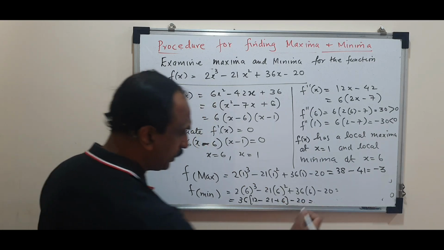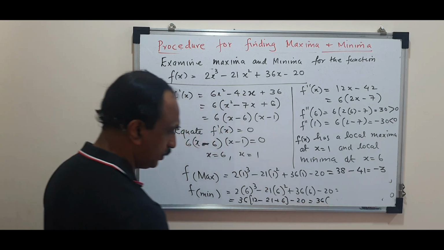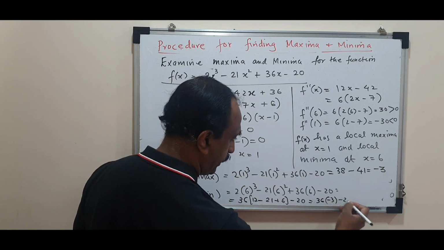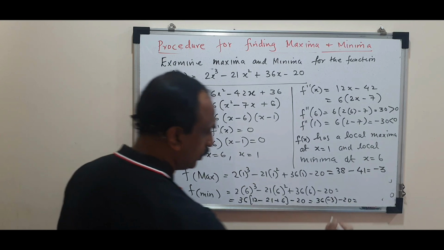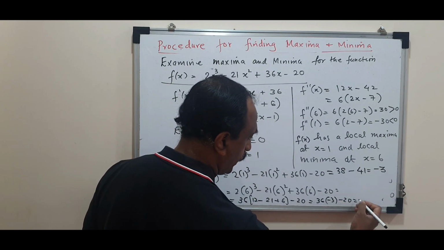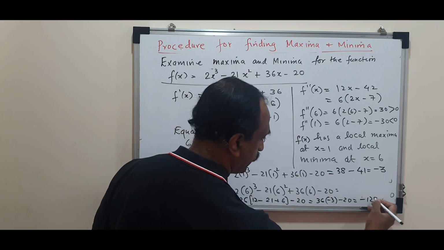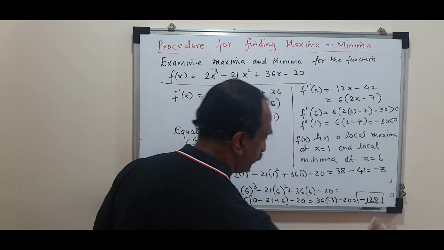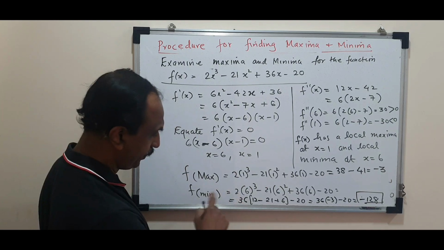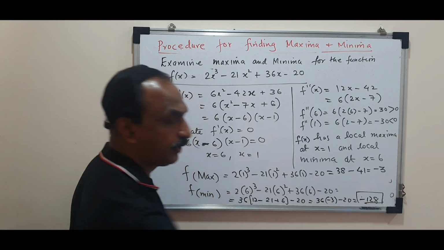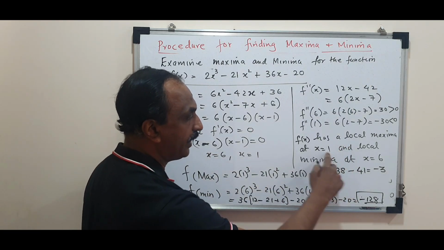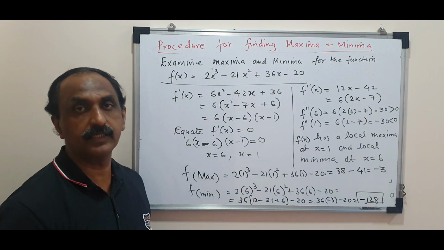That gives me 36 into 12 minus 21 plus 6, that is minus 3, minus 20. That gives you minus 108, minus 20, so minus 128. So I can say the function f of x is minimum at 6 and the minimum value is minus 128. Maximum at 1 and the maximum value is minus 3.